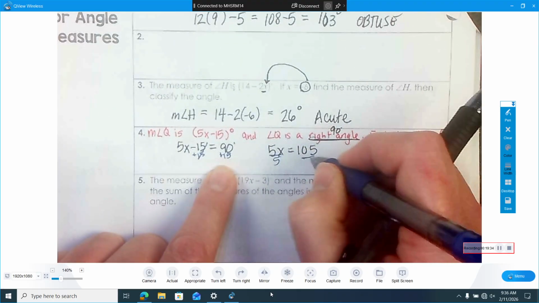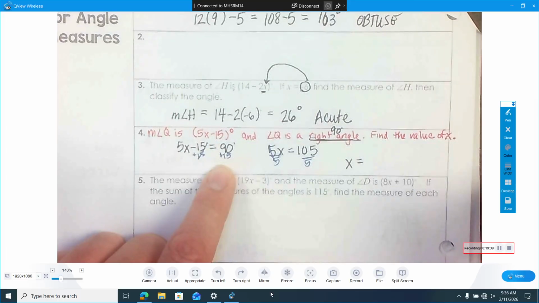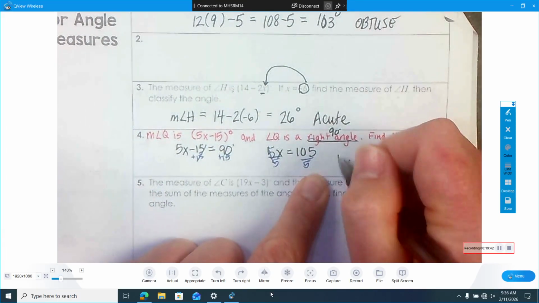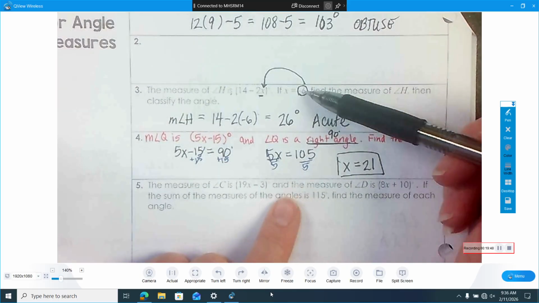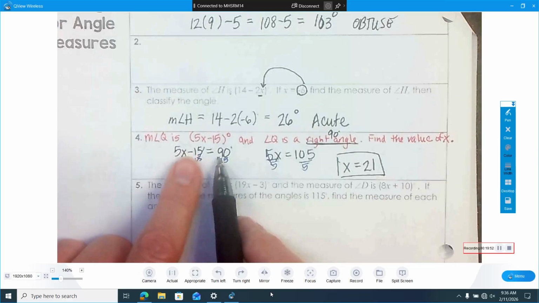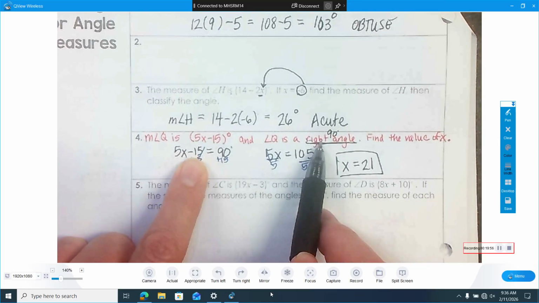Divide by 5, divide by 5, and what we get, x is 21. 105 divided by 5 is 21. So sometimes they're going to give us the number, we just have to plug it in. And sometimes we have to create an equation, based on vocabulary.